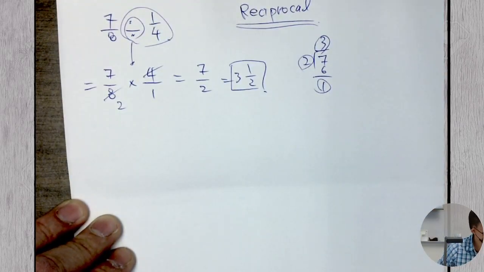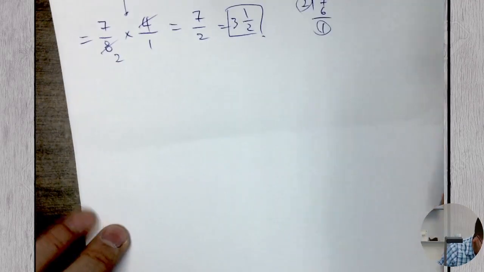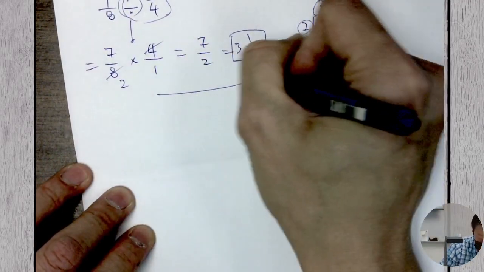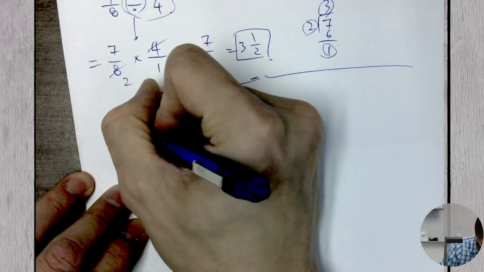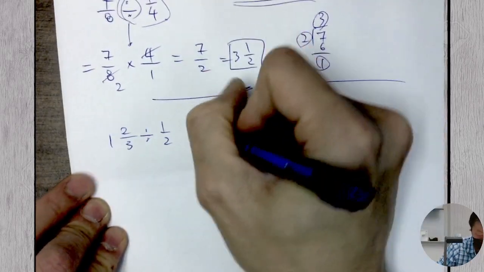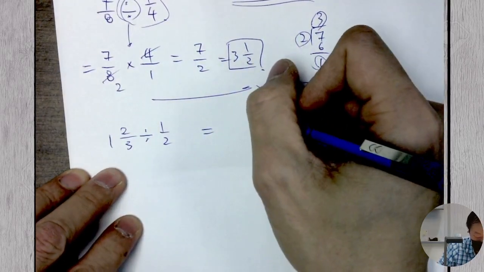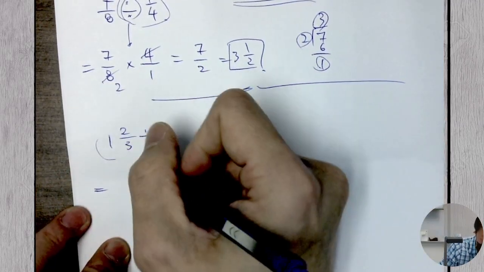All good? If you have a mixed number in the mix, like 1 and 2 over 3 divided by a half, in this case you're going to turn it into an improper fraction. Let me do it up and down, it's easier that way.